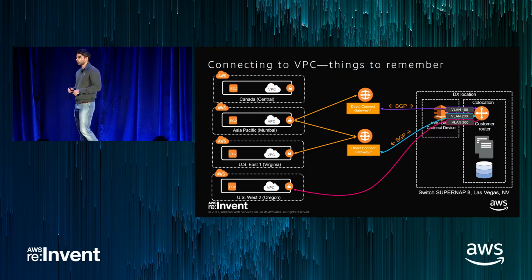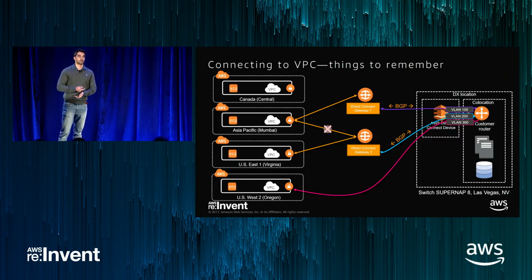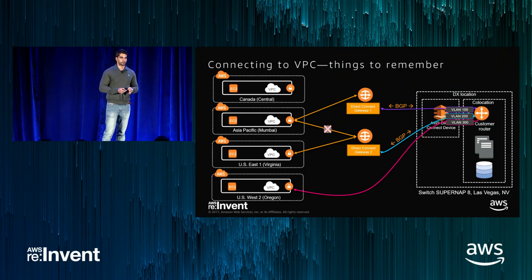If a VPC was already attached to a Direct Connect gateway and you try to attach it to a second Direct Connect gateway, that is also not supported. So you can have one VPC attached only to one Direct Connect gateway at a given point of time.